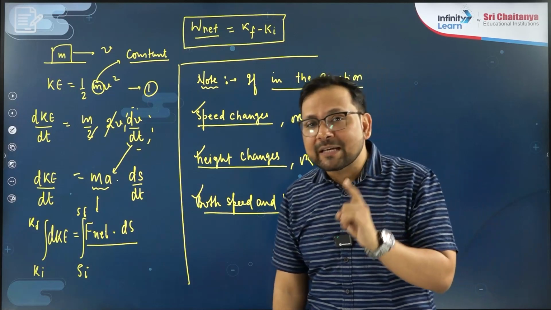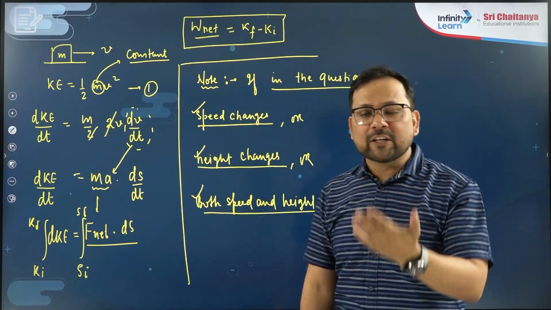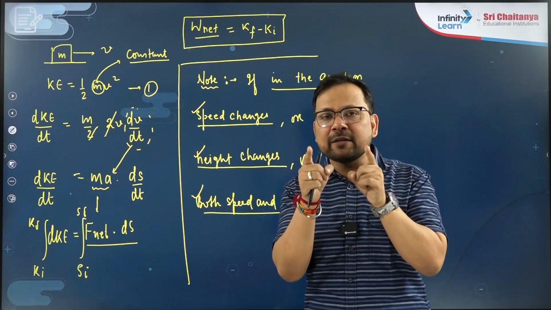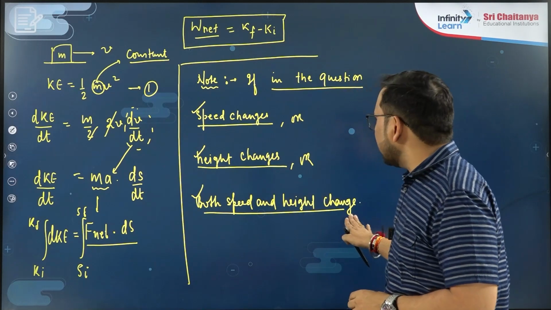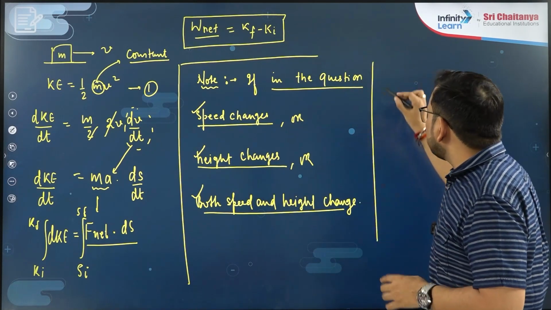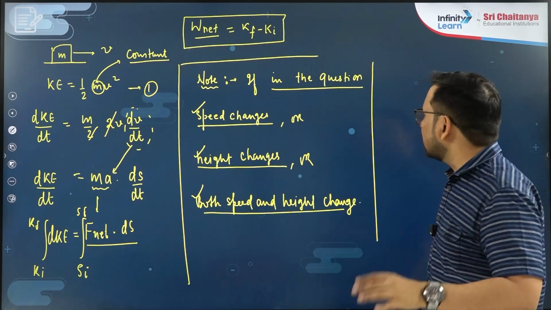But I am saying speed changes. Velocity might change due to direction also, due to magnitude also, so always zero in on speed change, the magnitude of velocity changing. Or height changes, or both speed and height change, then your working rule is very, very simple. First be very, very careful about how many forces are there on the body.